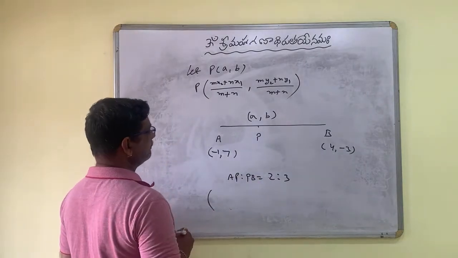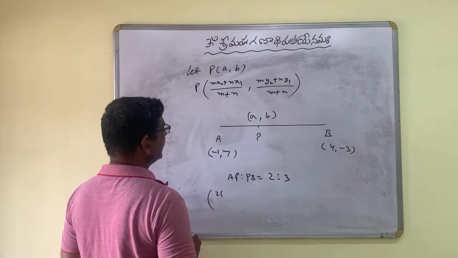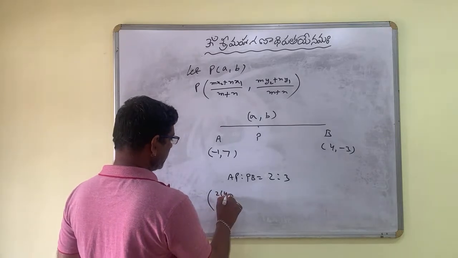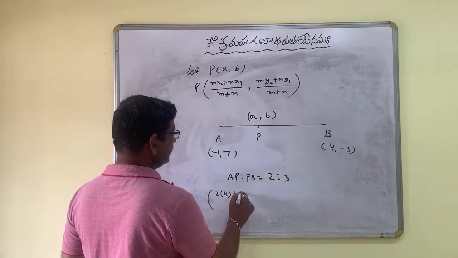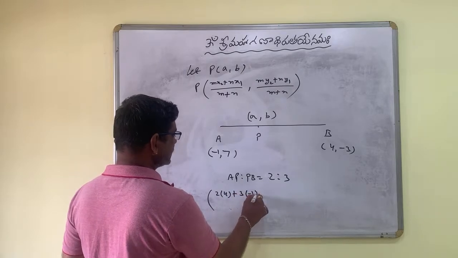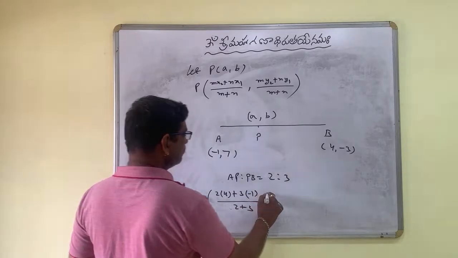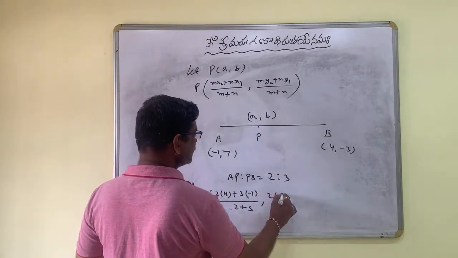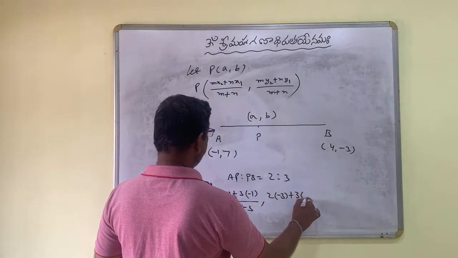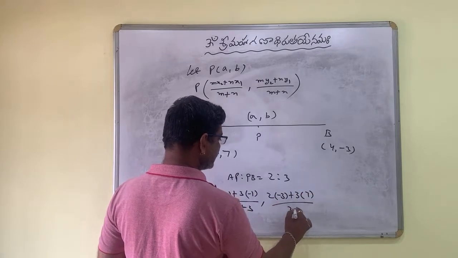m is nothing but 2, x2 is 4, n is 3, x1 is -1, by 2 plus 3. m times y2, that is -3, n times y1, that is 7, by 2 plus 3.